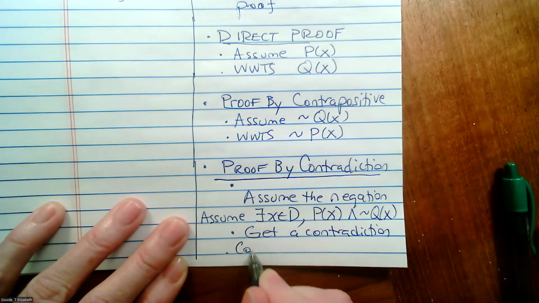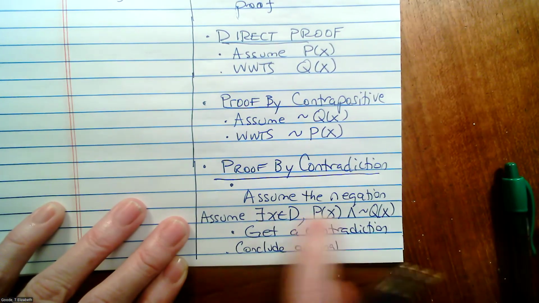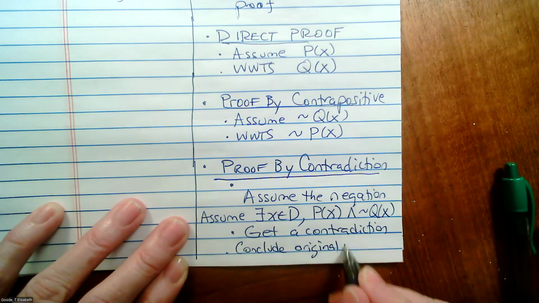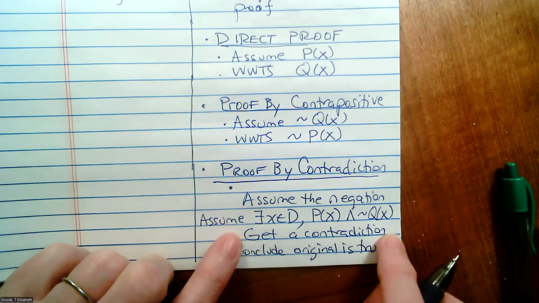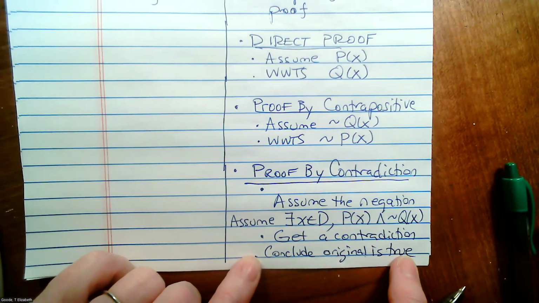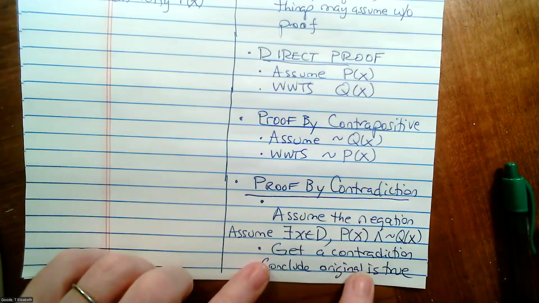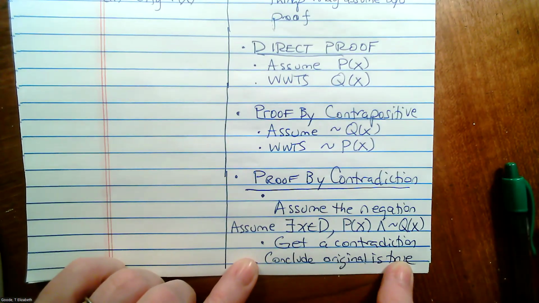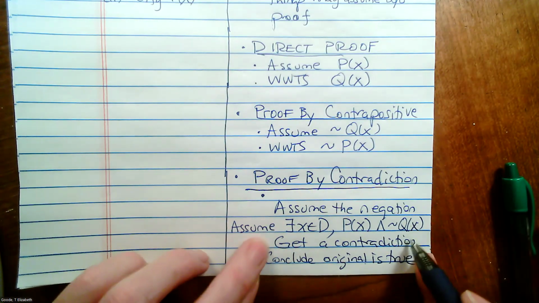And then we conclude the original is true because the negation leads to a contradiction. So the negation can't possibly be true if it leads to something impossible. The logic behind proof by contradiction is, the way we find that the original is true is by showing that the negation's impossible.